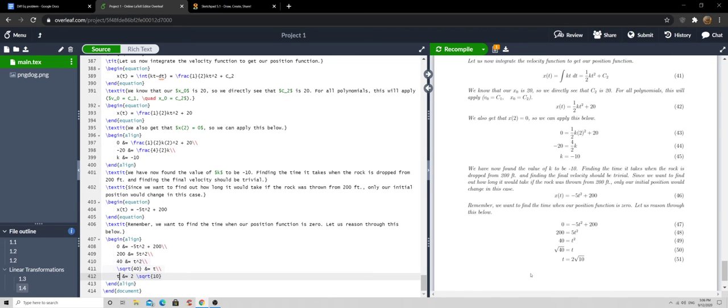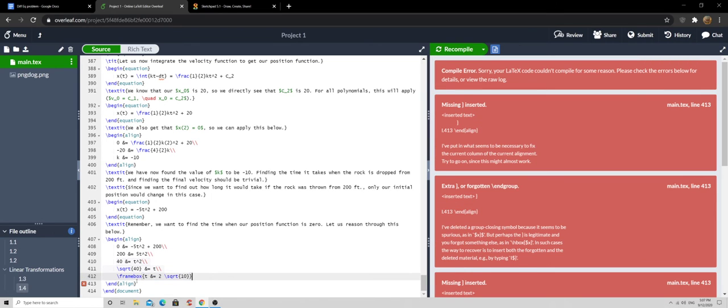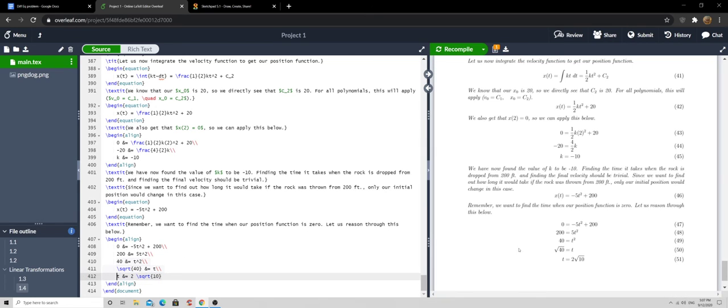Okay, so that's our new time. I wonder if frame box works here. I hope it does. I don't think it does actually. I've tried it before, and then I just get so many errors. Maybe that's because I don't have this. I don't think so. Yeah, it's probably because I'm just in align mode. So there we go.